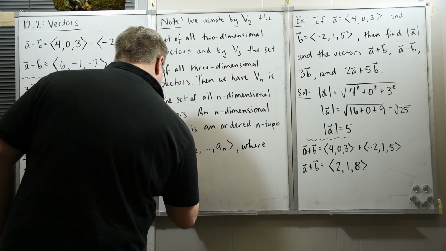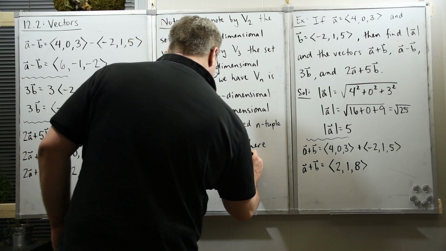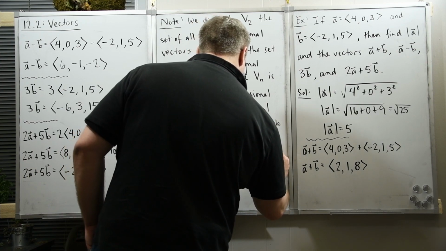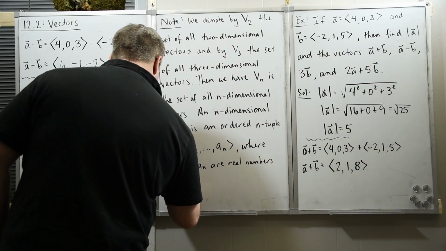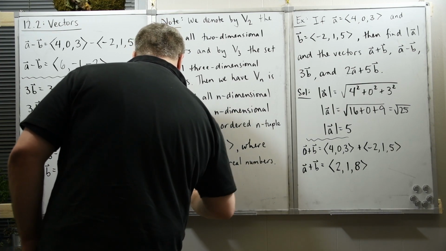And then a1 through a sub n are real numbers. And these are the components of A.